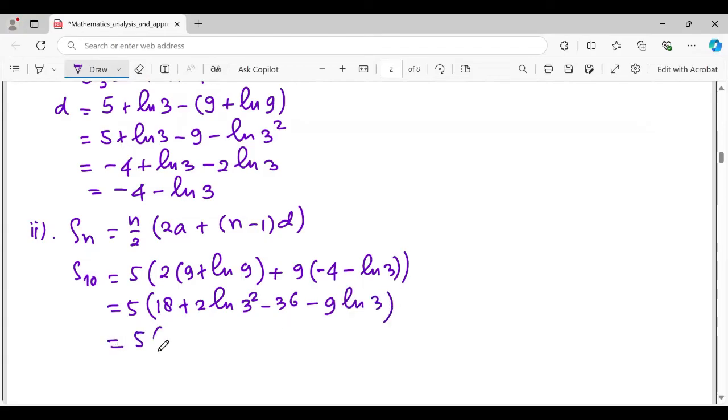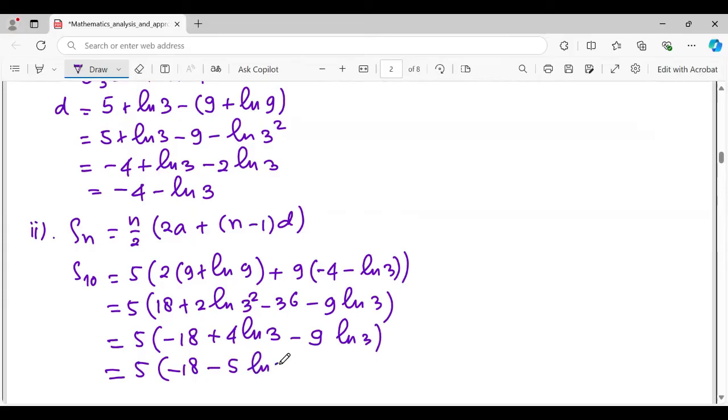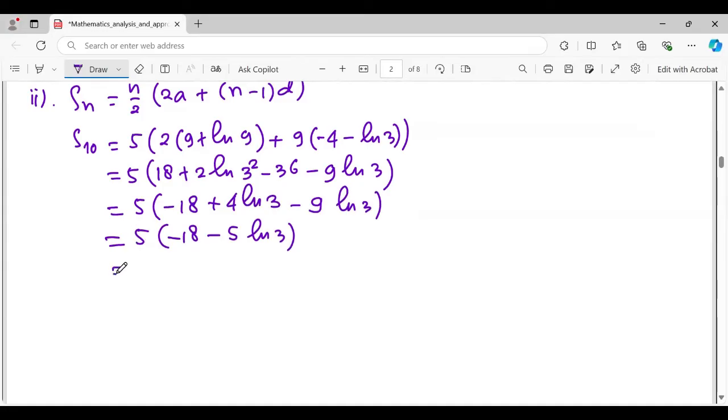So 5 times 18 minus 36 is minus 18, and 2 times 2 is 4 ln 3 minus 9 ln 3. So 5 times minus 18 minus 5 ln 3 equals minus 90 minus 25 ln 3. This one.